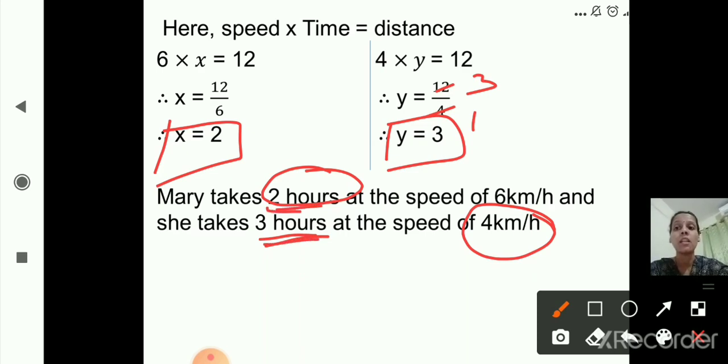Okay, here it is 2 hours, here it is 3 hours. As the speed decreases, the number of hours increases. So this is an example of inverse proportion, where when one quantity increases, the other quantity will decrease. Okay, or when one quantity decreases, the other quantity will increase.